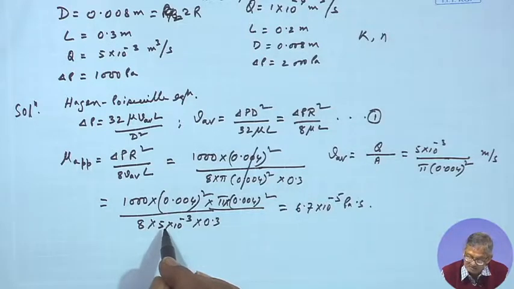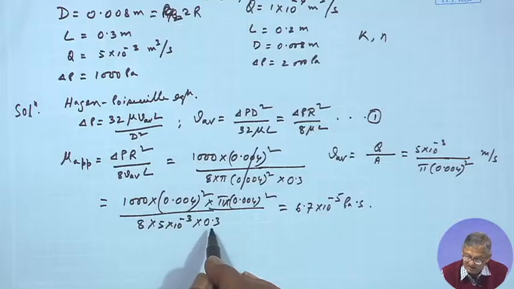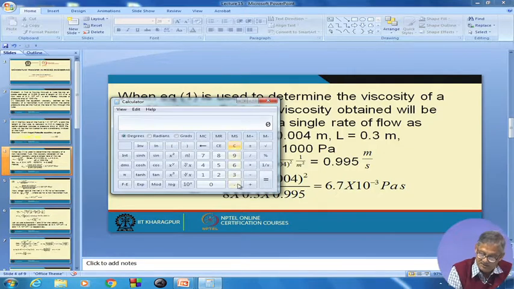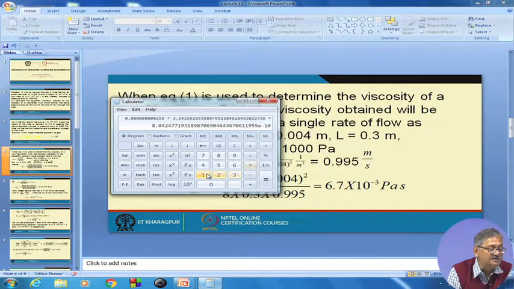V average is this 5 10 to the minus 3 and the L is 0.3. Somewhere again you have done a little wrong. Let us look into 0.004 square into 0.004 square is equal to this much, into pi, into 1000, this much divided by 8.